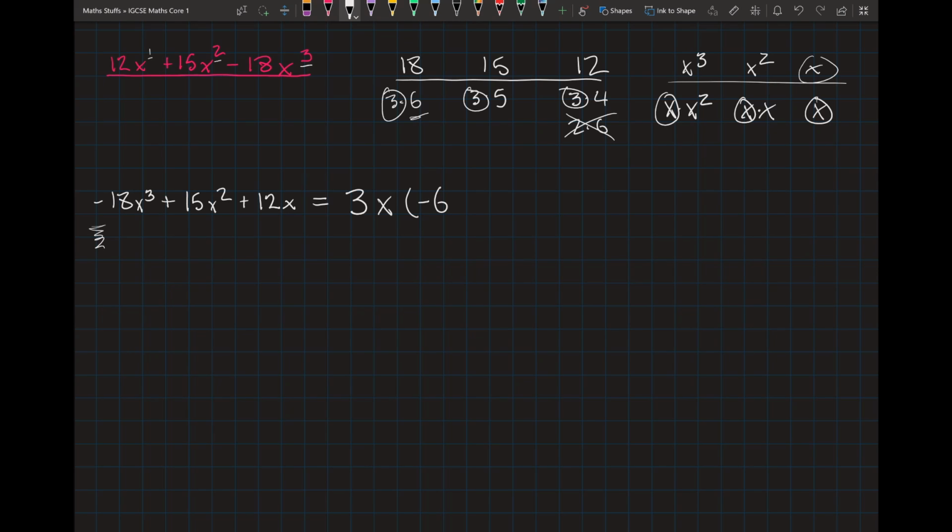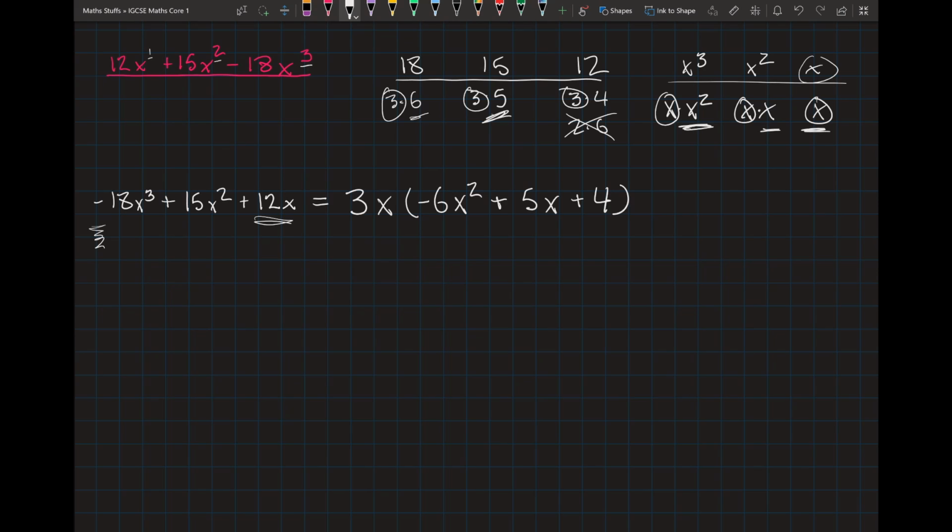So 3 times negative 6, and then our x squared, plus 3 times 5, and then our x, plus 5x, and then our 12 here, plus 3 times 4, and then our x here is just x, so we're going to leave this as 4.